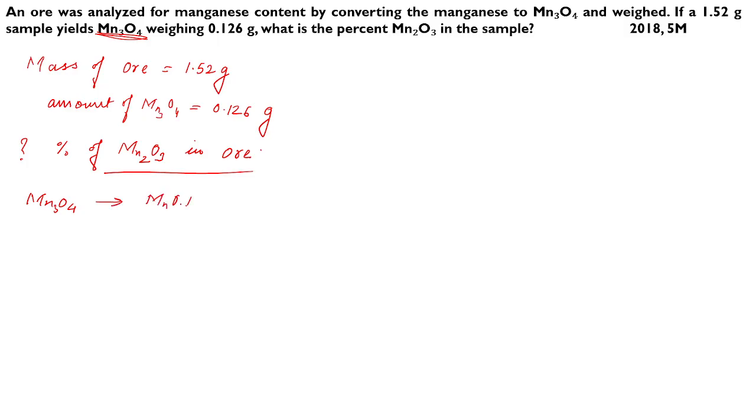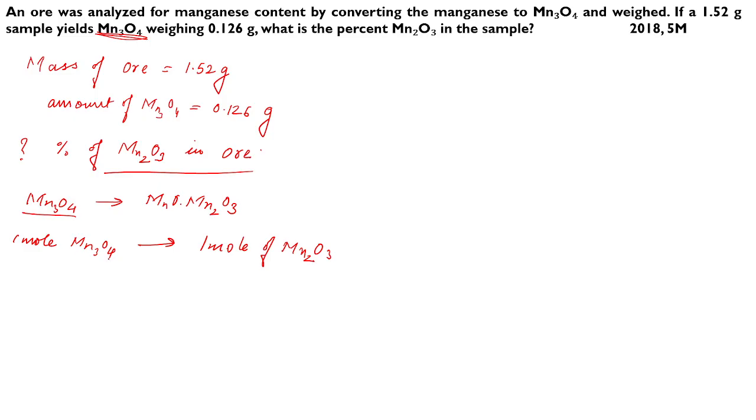MnO and Mn₂O₃. So here, if 1 mole of Mn₃O₄ is there, then we will get 1 mole of Mn₂O₃. Okay, but we need this in gram. So how we are going to calculate?